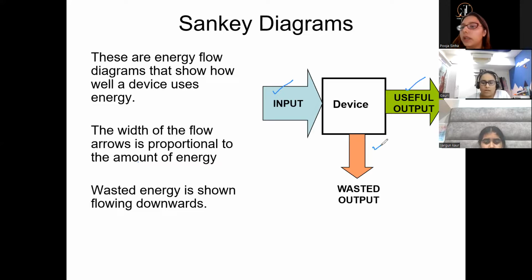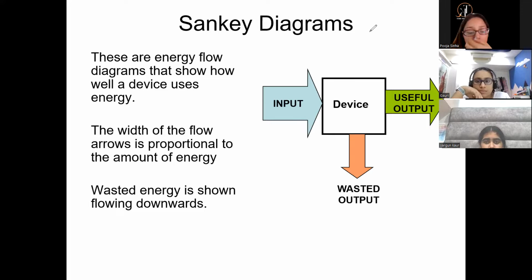And wasted is smallest of all, unless output is less and wasted is more, but input se bada kuch nahi hoga. So the thickness, the width is very important when you're making the Sankey diagram. Clear? Clear. Wasted energy is always shown downwards. Never try to show it like this or this. ठीक है, हमें इसी डायग्राम में शो करना है, ऐसा ही शो करना है.